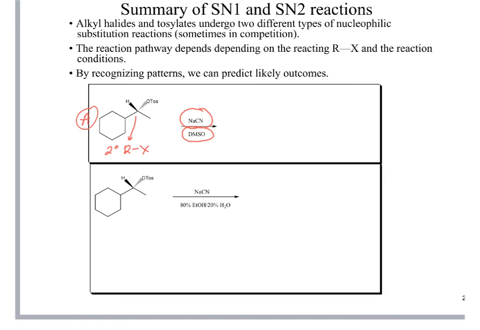So when you see DMSO, acetonitrile, when you see DMF, and hexamethylphosphoramide, HMPA, then you know you have SN2 reaction.